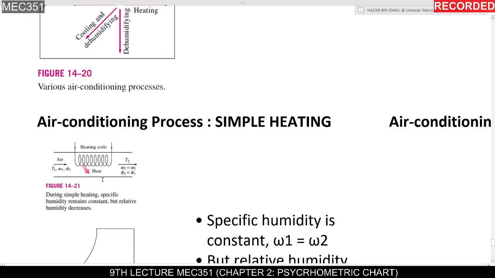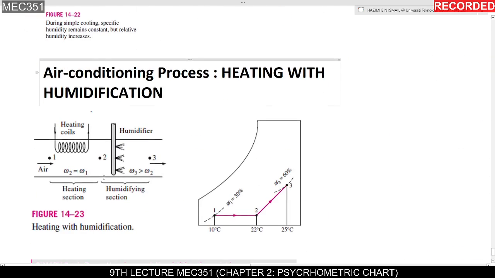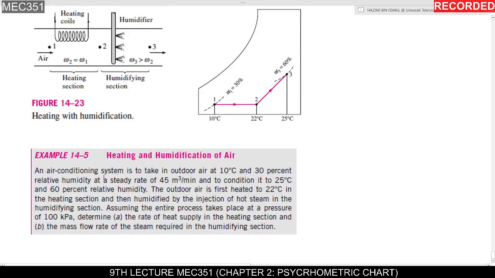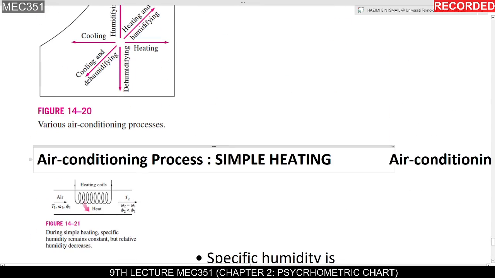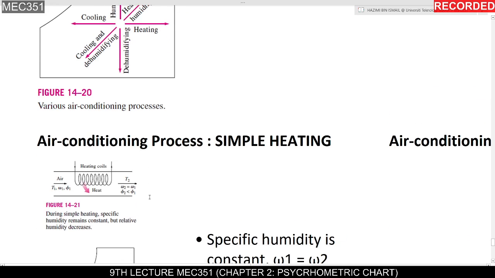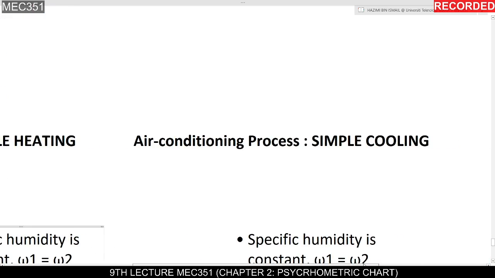Okay, so there are four processes that we use in the aircon process. The first one is simple heating. Heating is to give heat. The other one is simple cooling. Simple cooling is just removing the heat, releasing the heat to the surroundings, and by simple cooling, the temperature will drop.